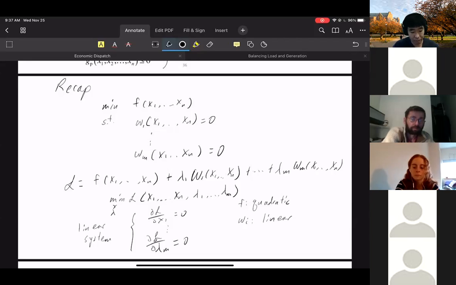We have a quadratic cost function and linear constraints, so once you do the partial derivatives, you end up with a linear system. It's always the right dimension, so you can always solve for all the x and lambdas. It's quite simple, just by how the class is set up.